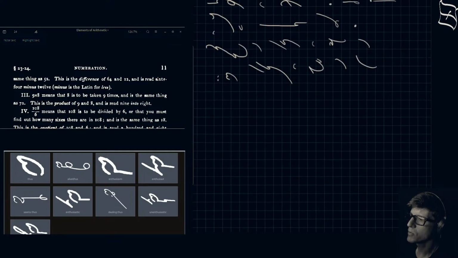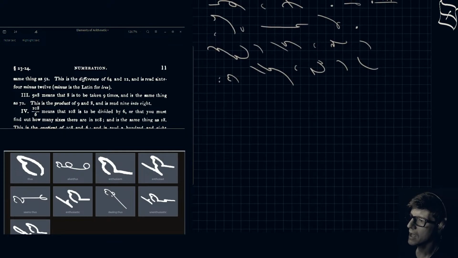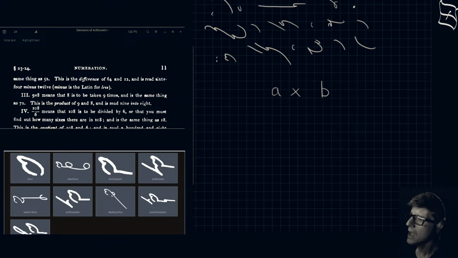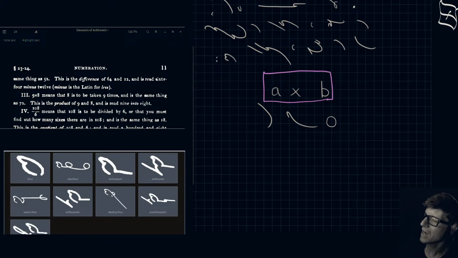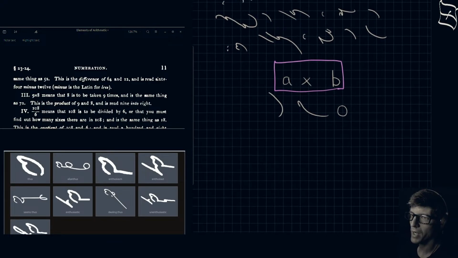And then below we switch back over to the regular way, so we would have A, then the symbol, then B, and it would be read as A into B. I'm going to box this in to show that it's separate. A times B, and it's read as A into B.